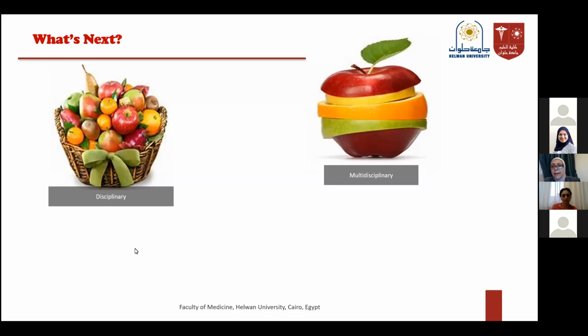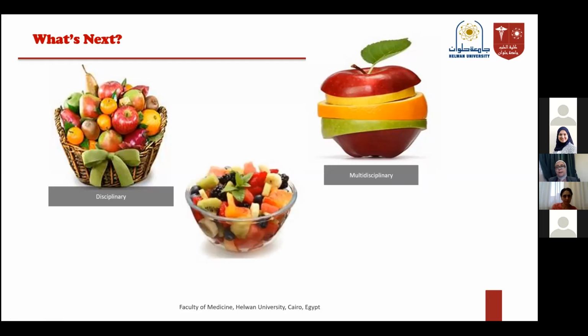But still, I can separate, I can tell this is the pathology, this is the surgery, this is the radiotherapy, this is the chemotherapy. They are separate in the same research project. They are still separate. They are not merged together, okay? Thus, this is the difference between disciplinary and multidisciplinary.